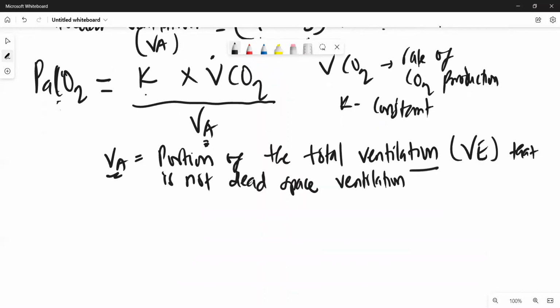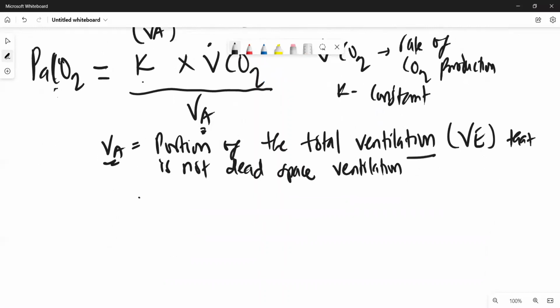The other way we can estimate that is we can ask, what's the portion of the tidal volume that is not dead space? If you want to come up with that portion, we can say tidal volume minus dead space divided by tidal volume.